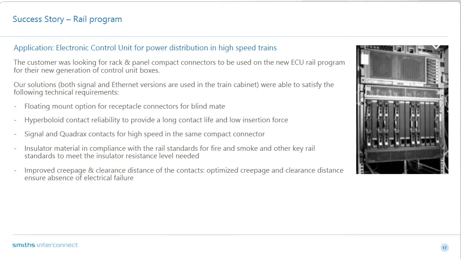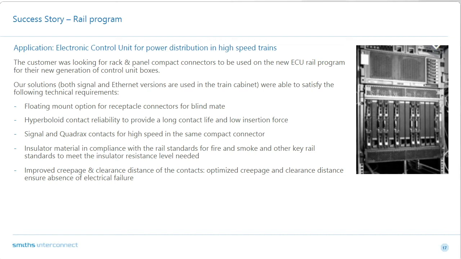The customer was developing the next generation electronic control unit for their power distribution for high-speed trains. The customer was looking for rack and panel compact connectors. Our solution here was intercompact, and we were able to satisfy many of their requirements.